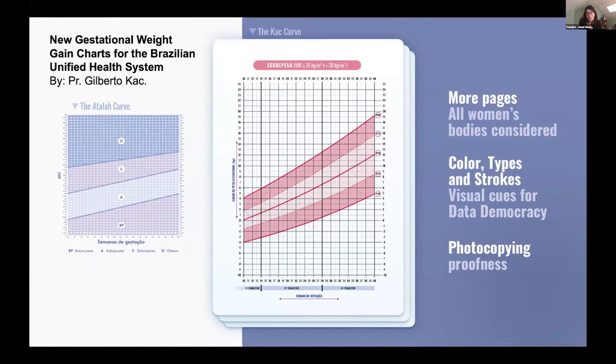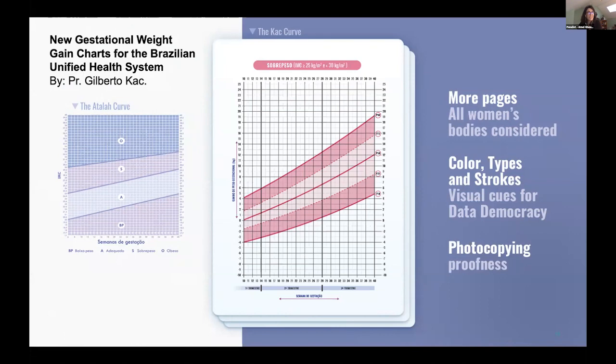It is worth mentioning that Professor Cac collaborates very closely with one of the grantees based in Africa, where they're working together on coming up with guidelines related to measuring gestational weight.